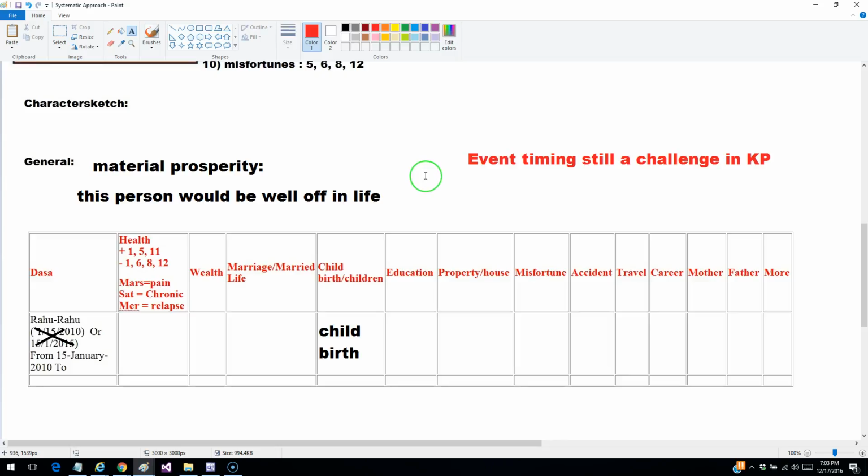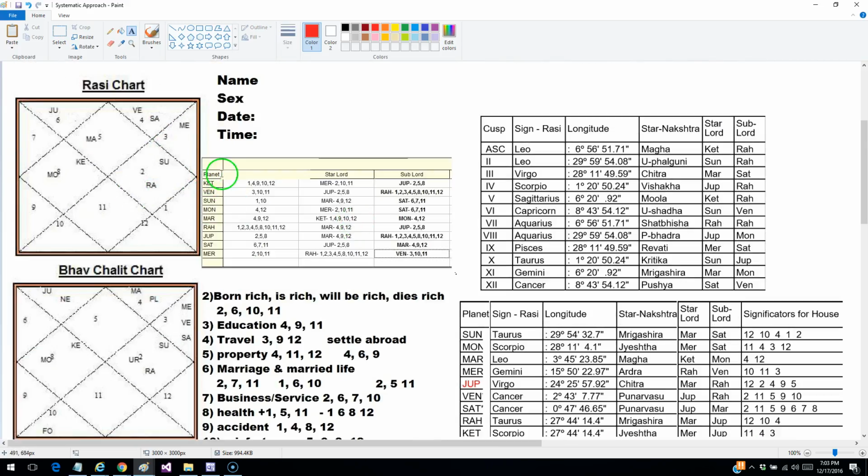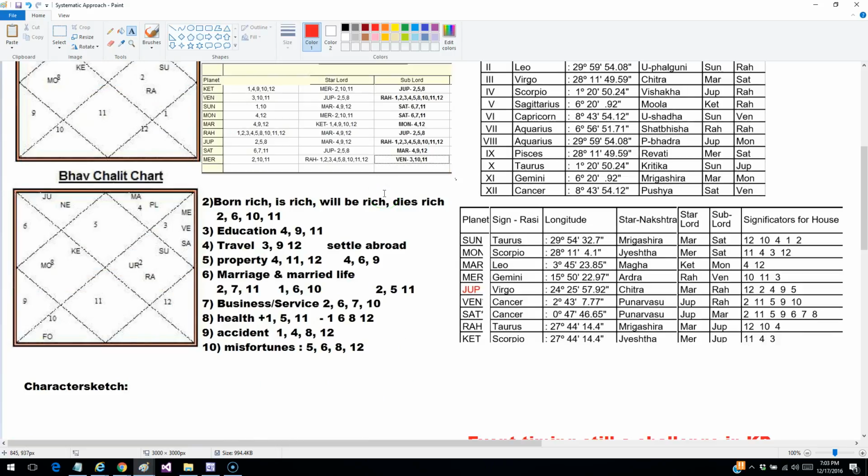Now, one more example: when you have the chart of a person where the events are already known, especially if it's a celebrity horoscope, that can also help you a lot in your self-learning path. For example, the example horoscope that I have shown here is Donald Trump's birth chart.